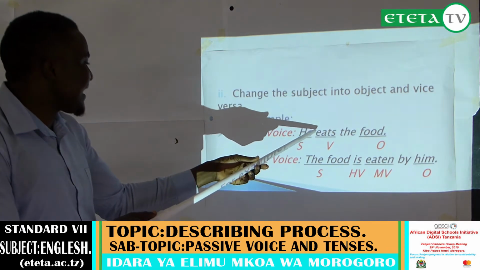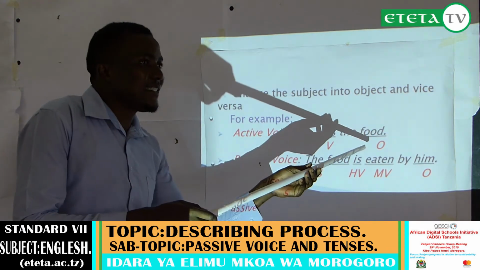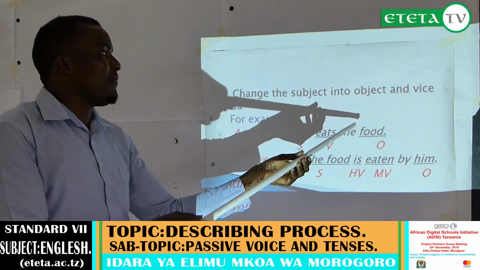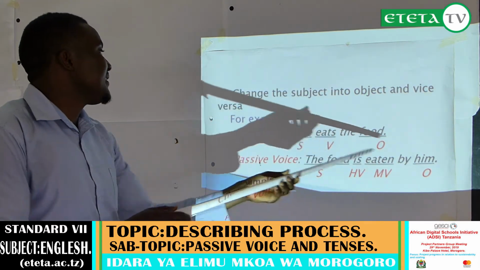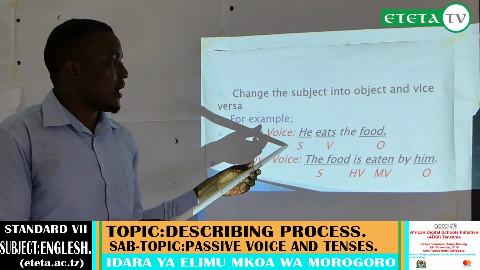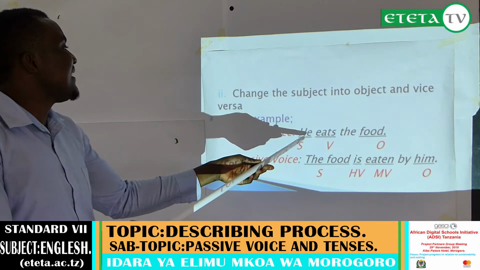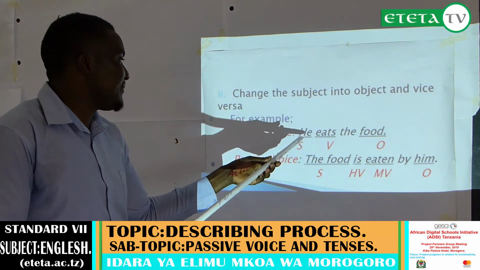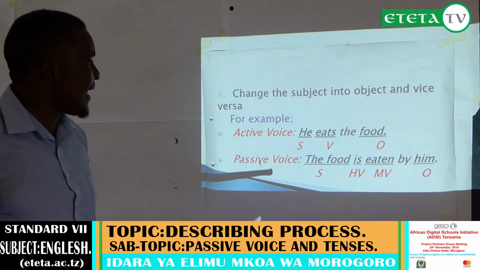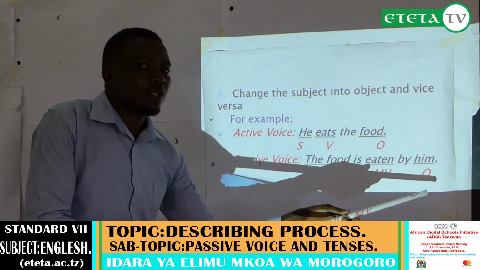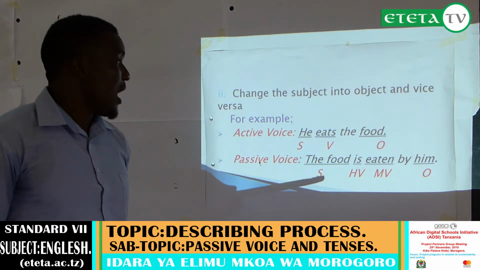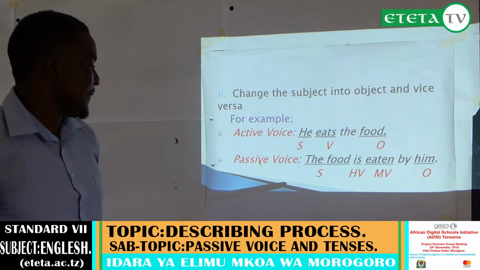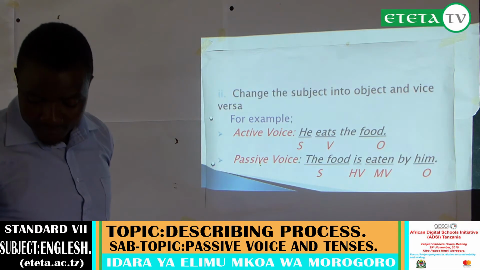You get me well? And then "him" has been changed from "he". "He" is the subject of the active voice, so the objective case of "he" is "him". Do you get me well? Yes. Let us see another example.